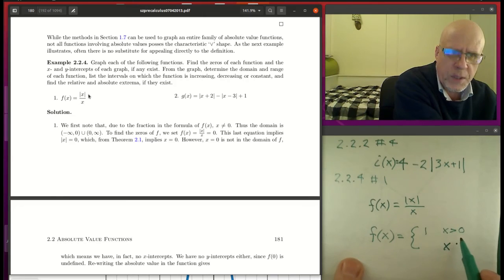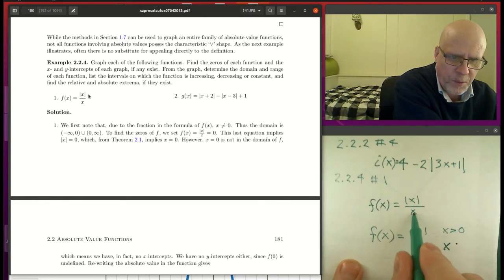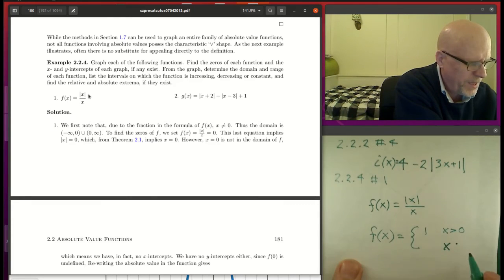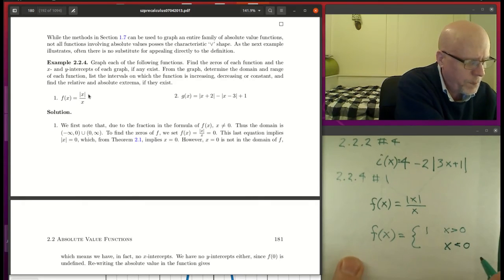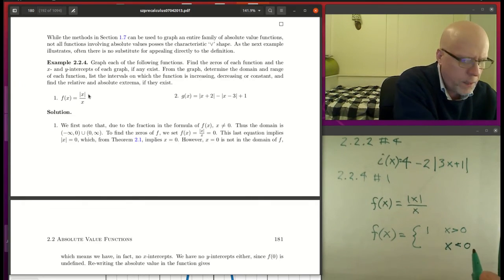Well, maybe I should say less than or equal to 0. Let me not do less than or equal to 0 because, if we had x equal to 0 in the bottom, we're dividing by 0. I guess it's 0 over 0 in that case, but still. So let's just do x actually less than 0. That's tough.